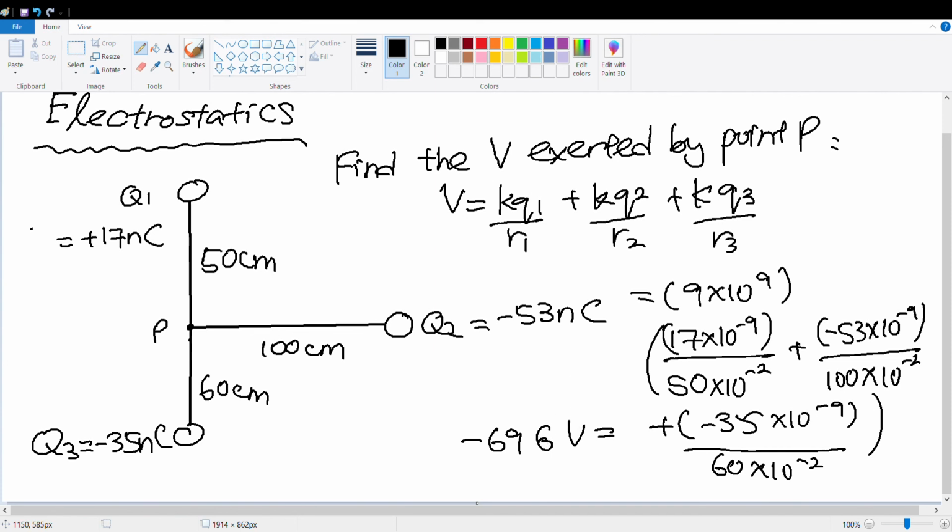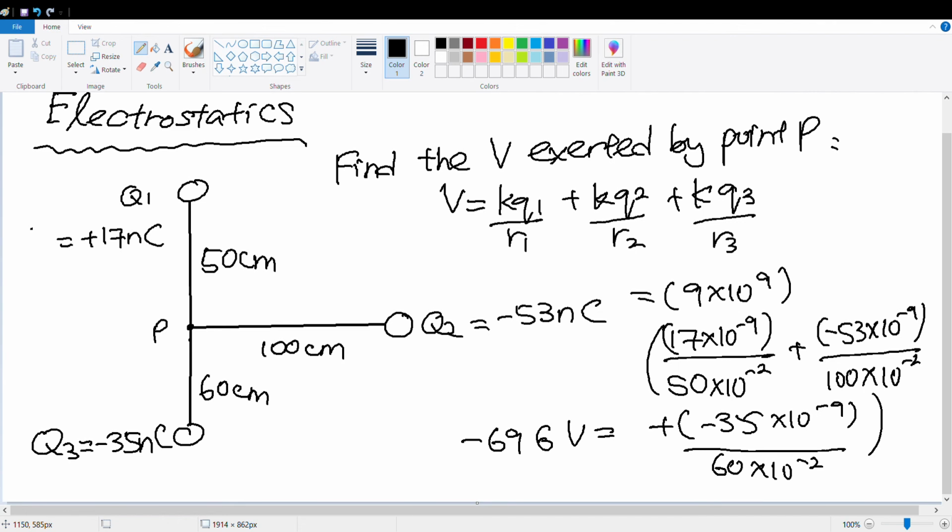Alright, so this is how we find the electric potential in the form of horizontal and vertical components. Since the electric potential has no direction, it is not necessary for us to be concerned about the resultant electric potential.